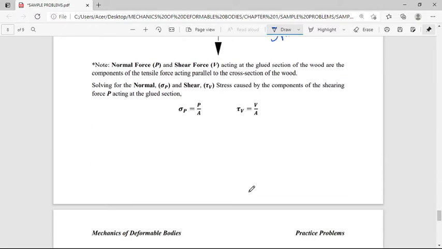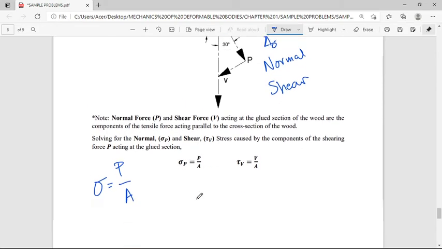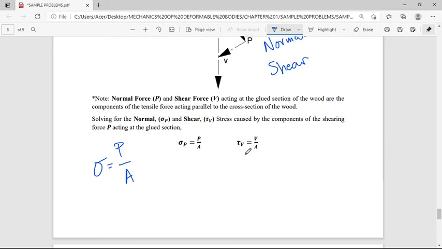And then we proceed to solving for the normal and shear stress, caused by the components of the force P acting at the glued section. And we are using our formula, stress equal to P over A. In this case, we have 2. Yan, para kay normal, so we used sigma equal to P over A, and tau, since ang symbol ni shearing is tau, equal to V over A. Yan.